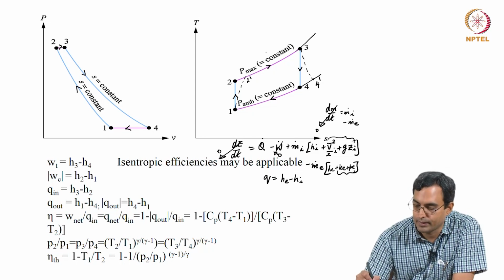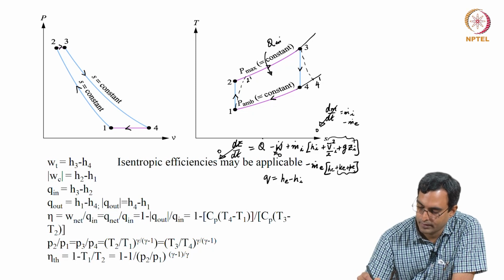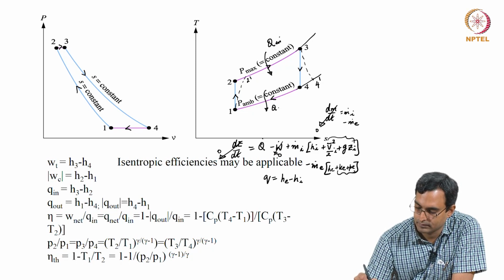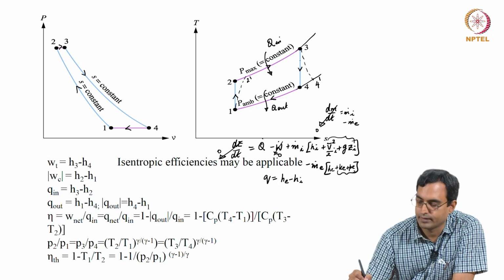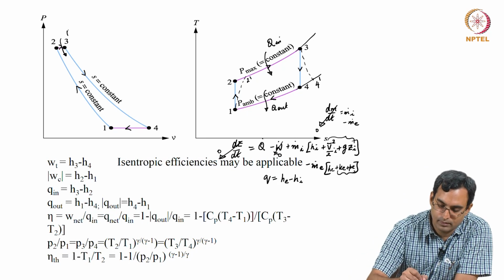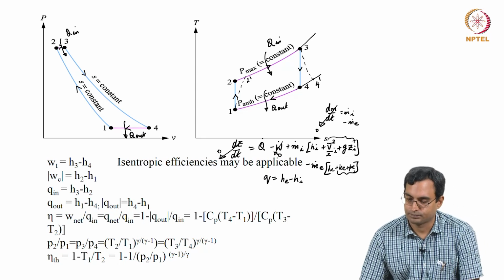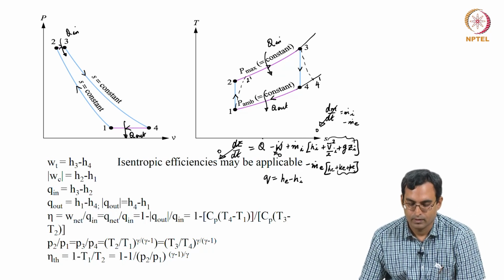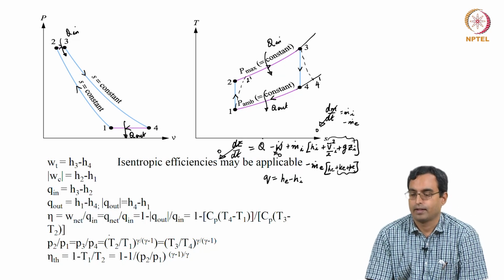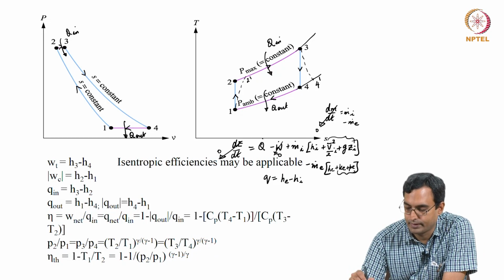The heat is coming in here, Q in, heat is going out here. 1 to 2 and 3 to 4 are adiabatic, there is no heat transfer possible. The Q out is again enthalpy at the outlet minus enthalpy at the inlet.